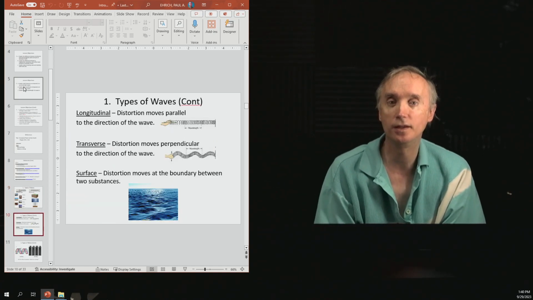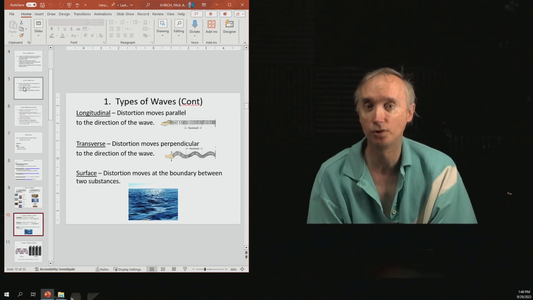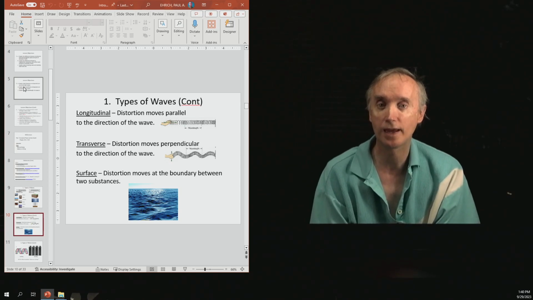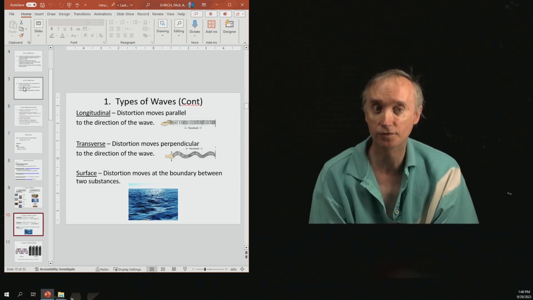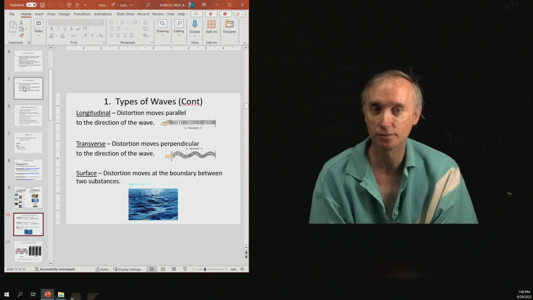Okay, the next thing is know the difference between a longitudinal wave and a transverse wave. So could you make a picture of a transverse wave? Could you make a picture of a longitudinal wave? All sound waves are going to be one of these types of waves.